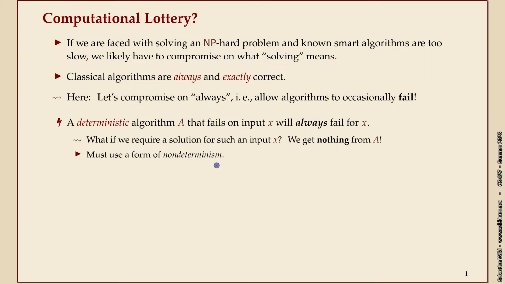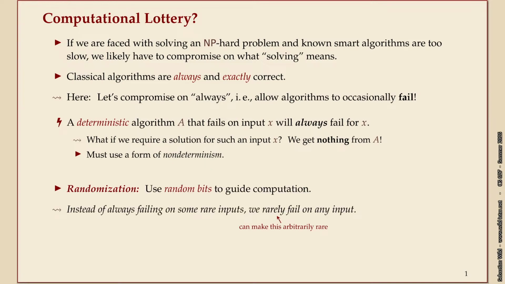On the other hand, I've marketed non-determinism when we discussed traditional complexity as something that's completely unrealistic and useless in practice, and just a hypothetical thing you can compete with. So we won't use general non-deterministic Turing machines here. But I think it's useful to think of randomization as a specific way of non-determinism, but one where you have control over how likely things are.